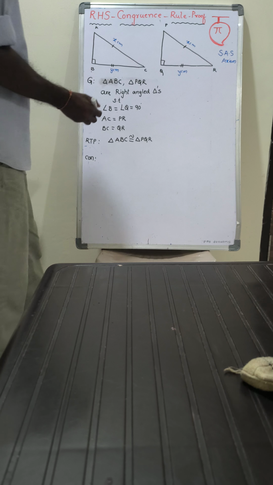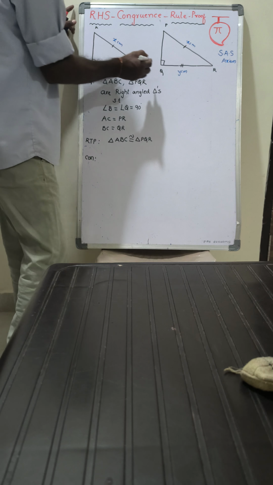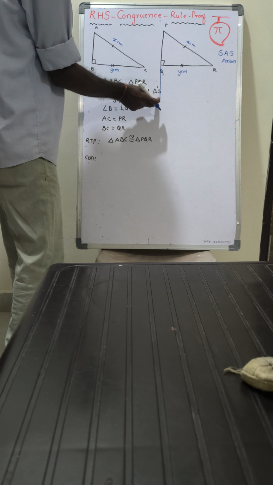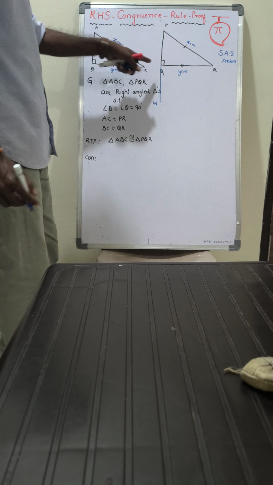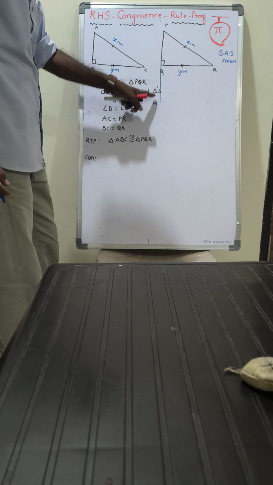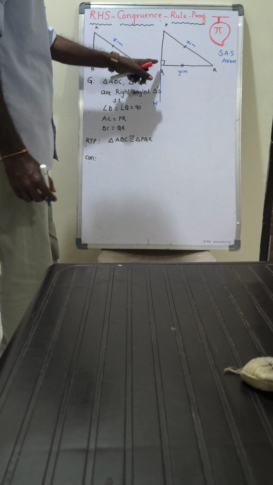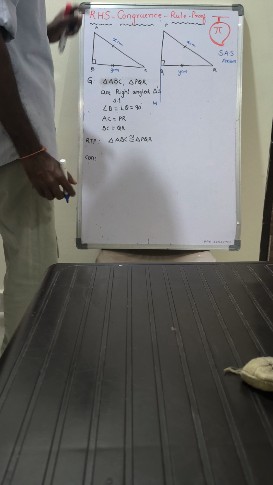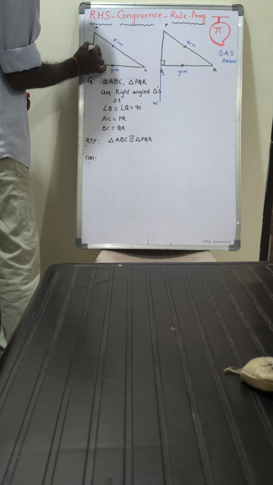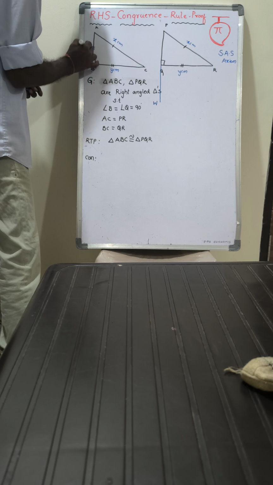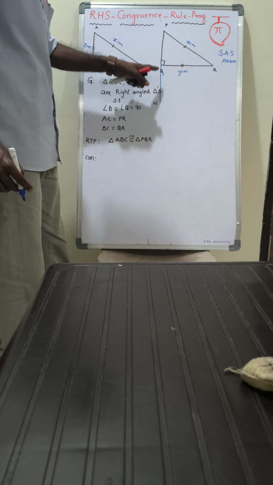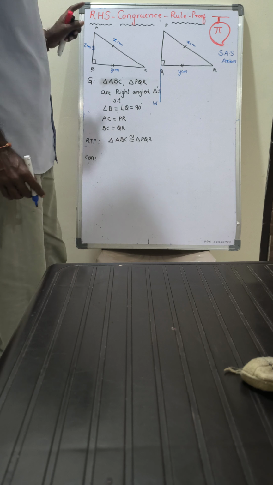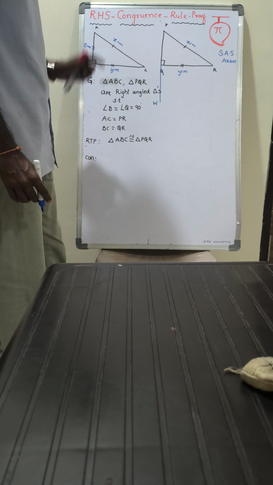So what I am going to construct is, I am going to extend this PQ up to W, such that QW length is equal to AB length. I have not taken the AB length, but let us assume that AB length is some Z centimeter. So I need to extend in such a way that QW is equal to Z centimeter, or QW is equal to AB length.